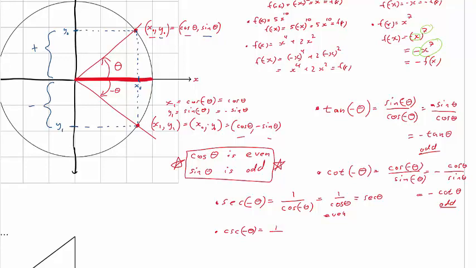Well, that's 1 over sine of negative theta. Sine is an odd function, so this becomes 1 over negative sine theta, which is simply negative cosecant theta. So cosecant theta is an odd function. All right, so there are our results.